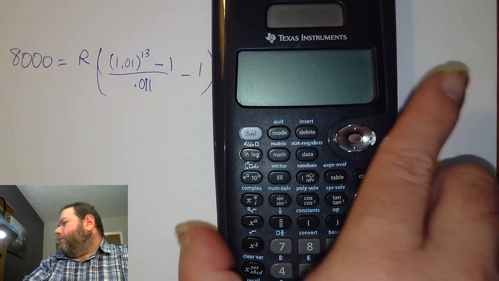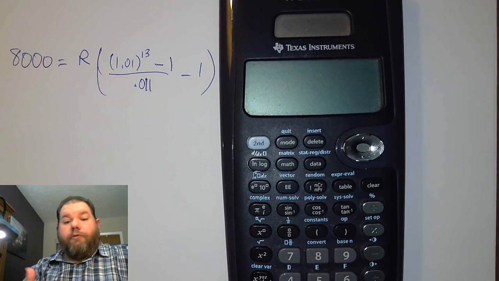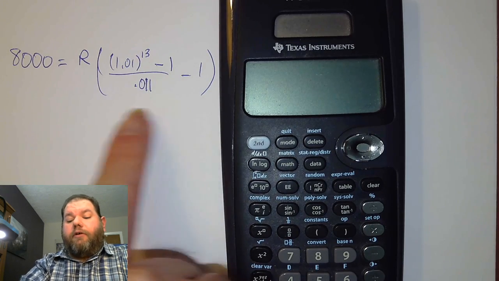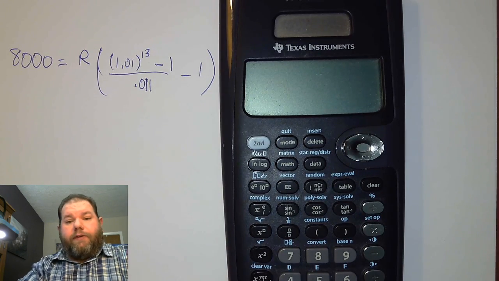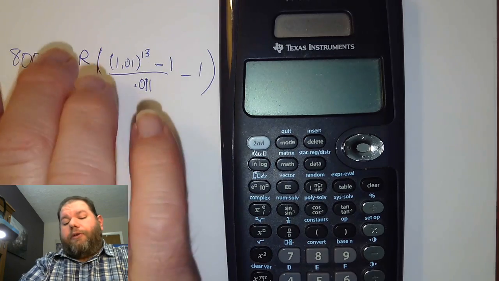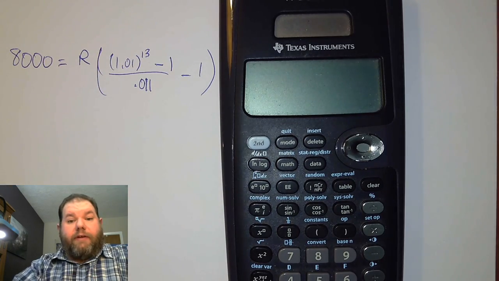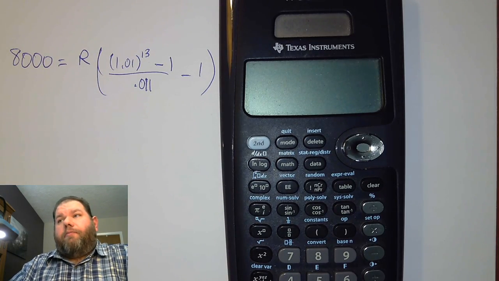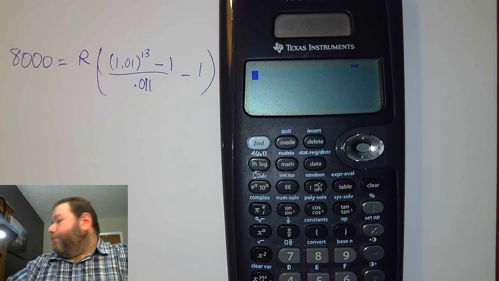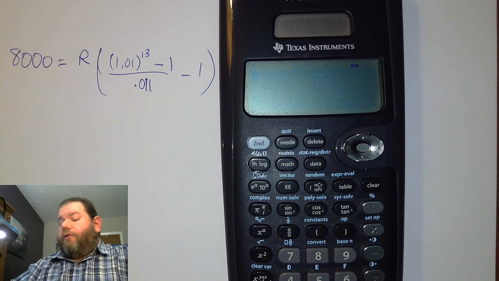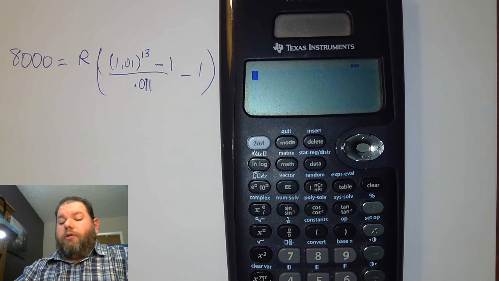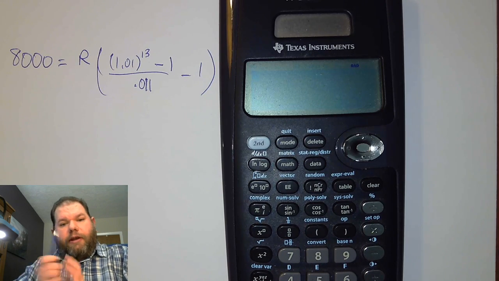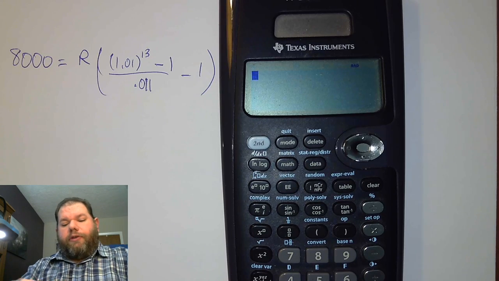So what I would recommend in this case is we just focus on what this value inside the parentheses is. We can deal with solving for R as a secondary focus in this approach. So for starters, we always want to work inside out when we're working with these calculations.